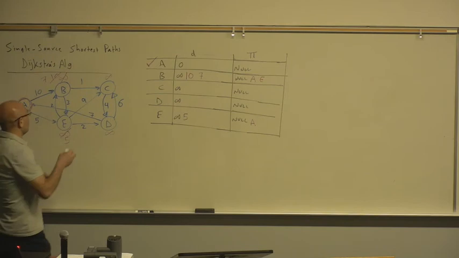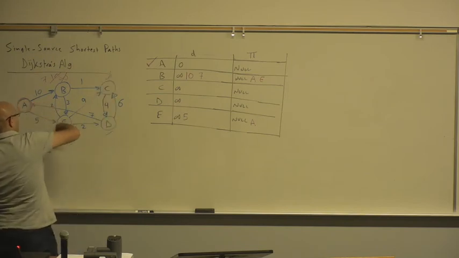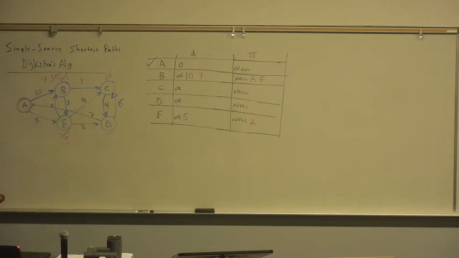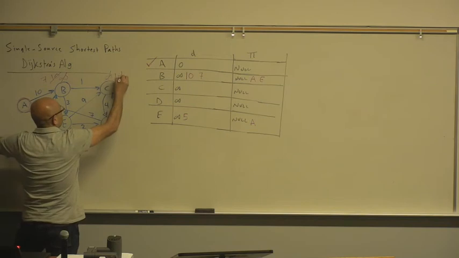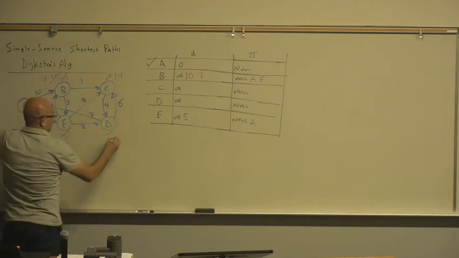Now for C, I will update the distance to what's 5? No, 5 plus 9, which is 14. And for D, I will update the distance to 7.